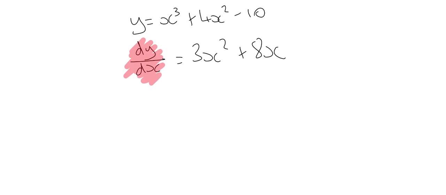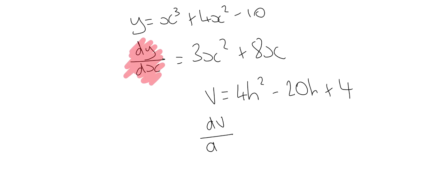So if I write that the volume is, I'm just going to make something weird up, 4h squared minus 20h plus 4, when I write the derivative, I'm going to write dv dh because I want the difference in v with respect to h because we're not using y's and x's this time. So then I would have 8h minus 20.